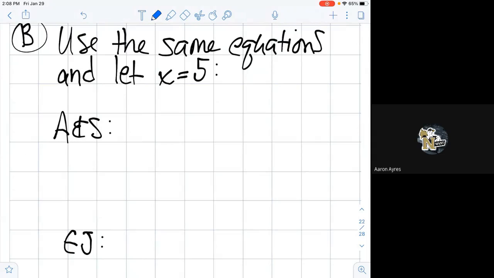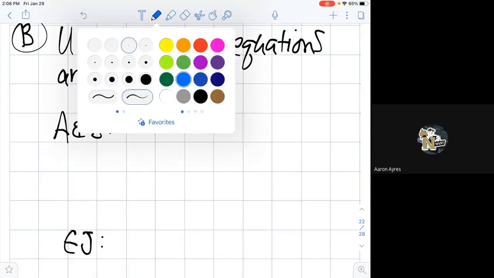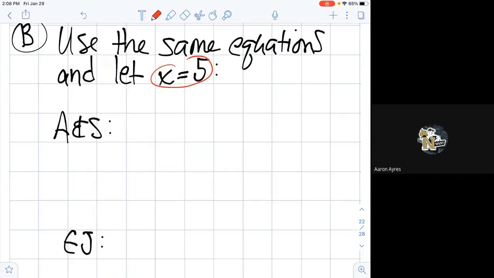This time x is going to be what value, everybody? 5. Very good. I'm rolling the dice on this, so be ready to go.